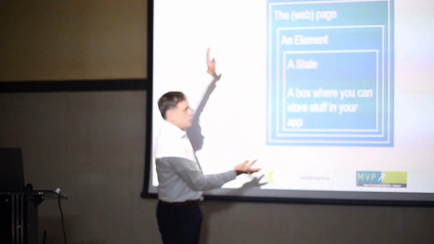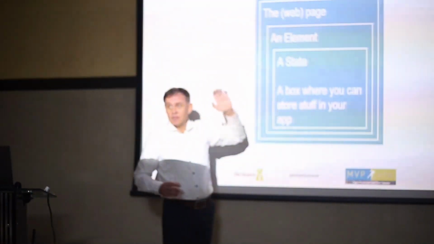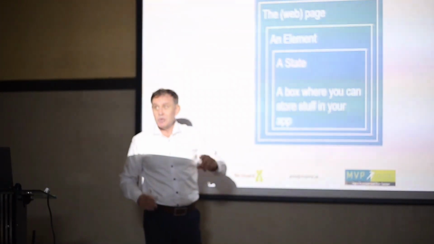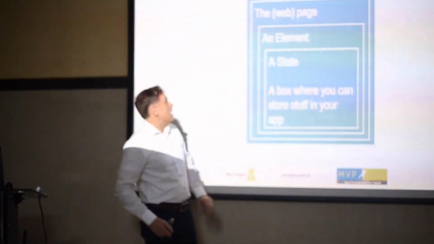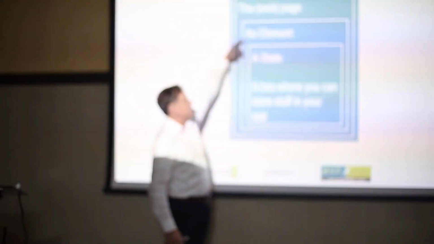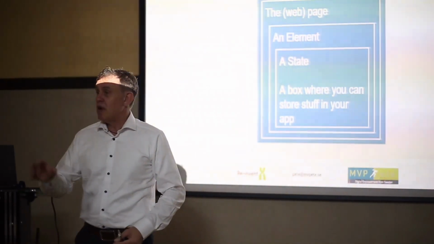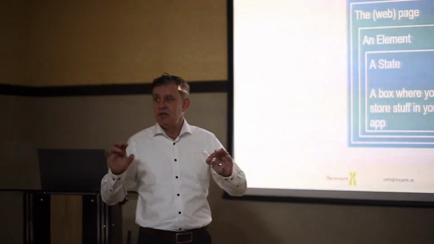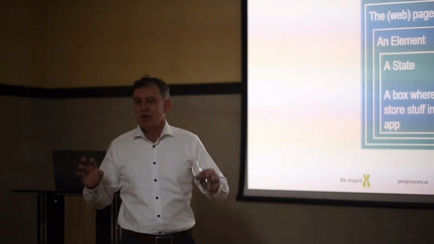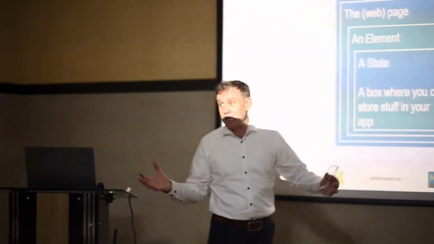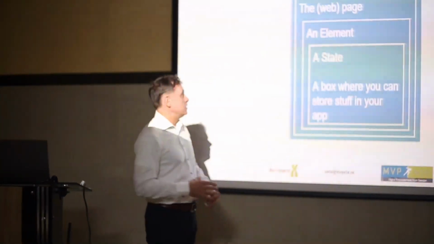If this is your app, as of now it has one page, which is a web page. In that web page there are elements: text, an input, a generate button. Those are called elements, the stuff on the screen.